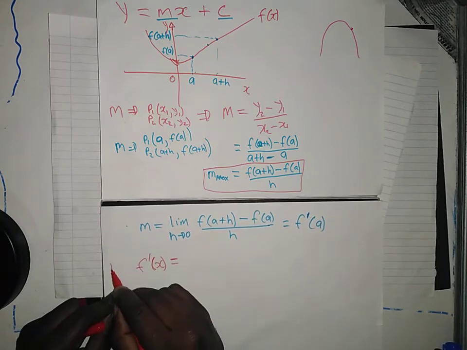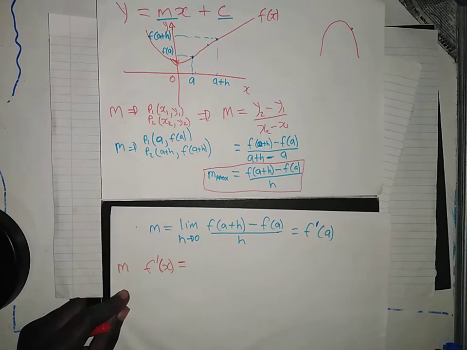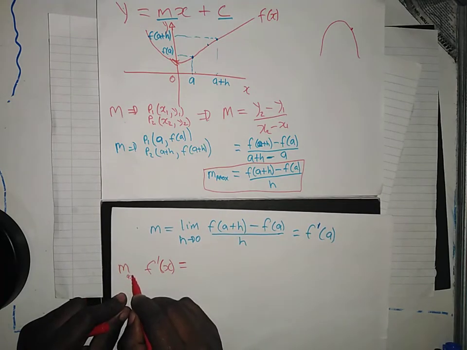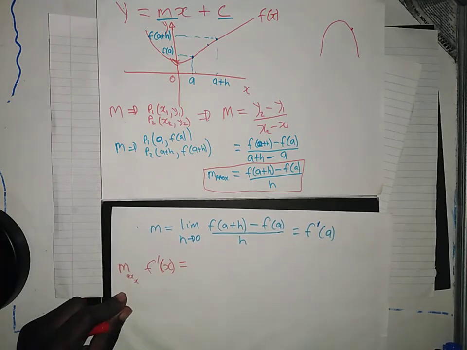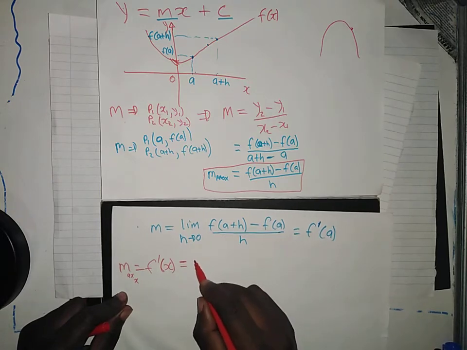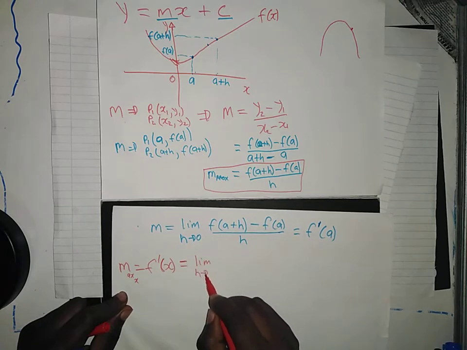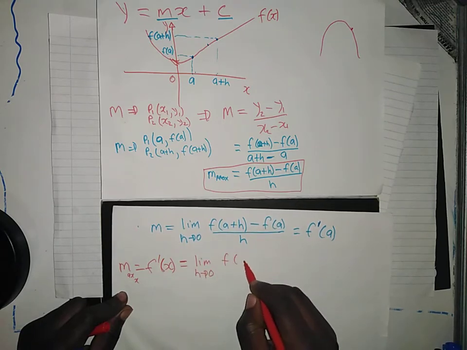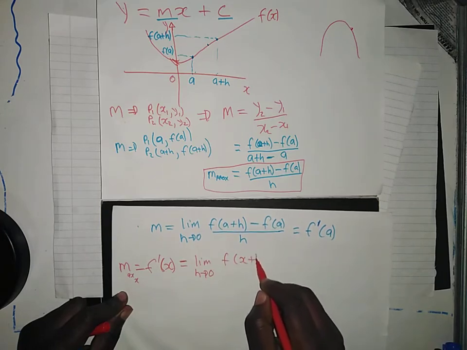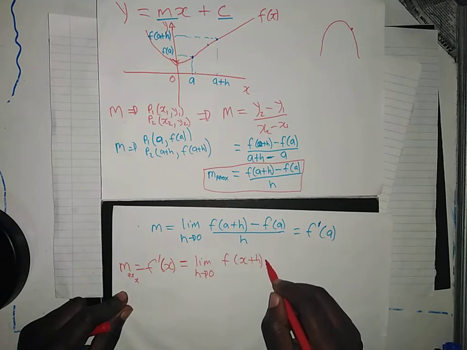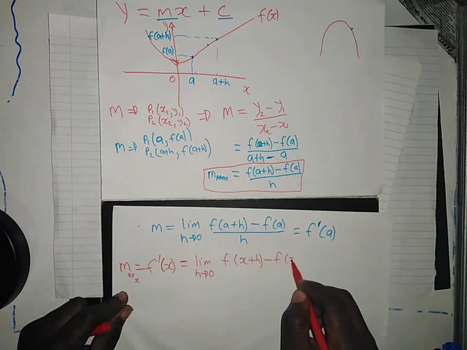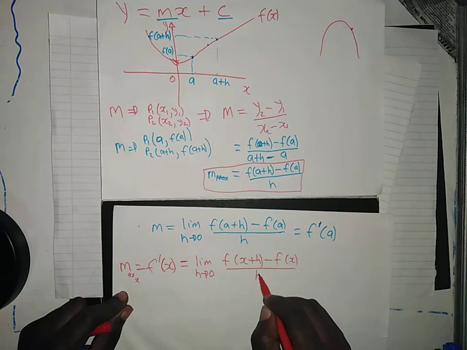Basically, the gradient at x is nothing other than f prime at x, which is nothing other than the limit as h tends to 0 of f at, now because there is x here, you put x plus h, minus f at x divided by h.